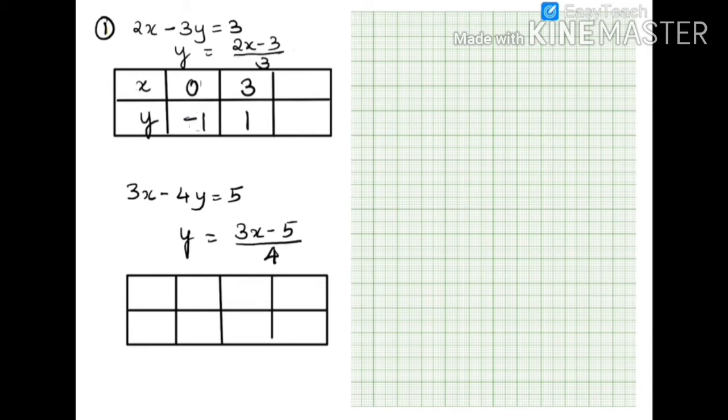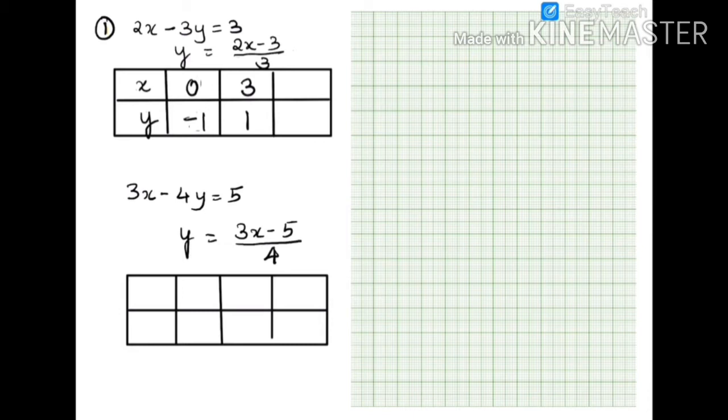Now recall, we have learned how to find out the third solution point without calculating, by just observing the increase or decrease in y with respect to the increase or decrease in x. So as we increase x by 3, the value of y increases by 2.